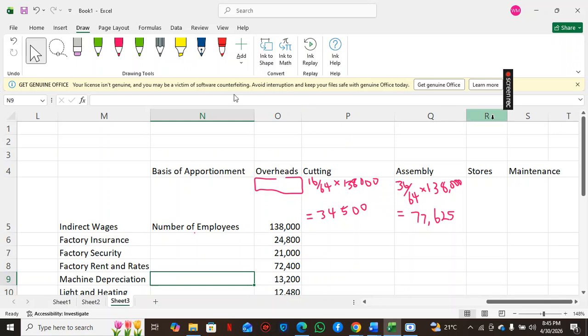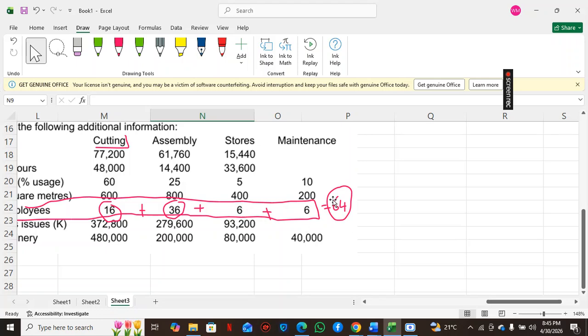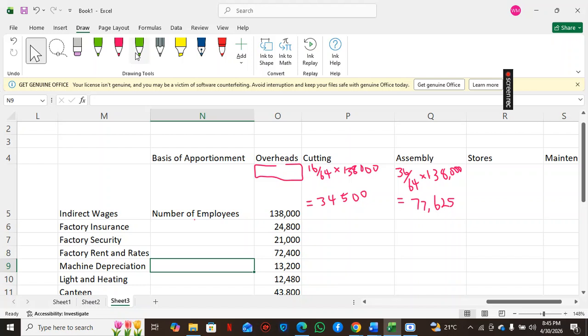Then you're going to go to stores. This is 6 out of 64 times 138,000. Say the number again. 12,900 and what?